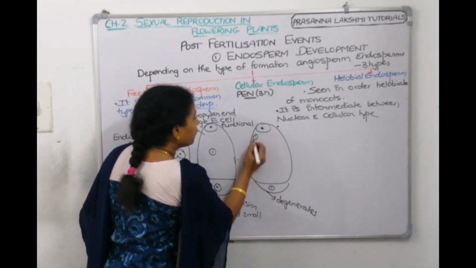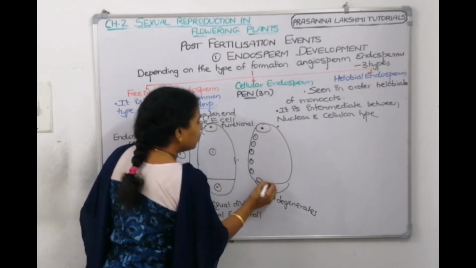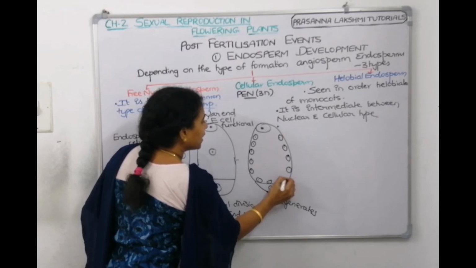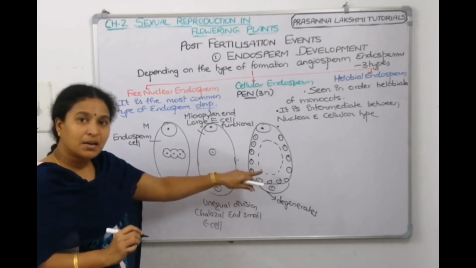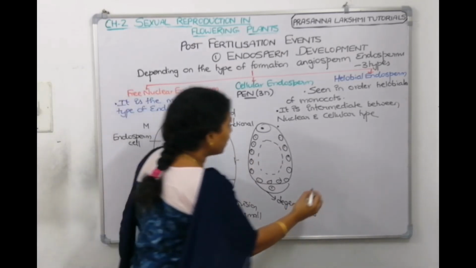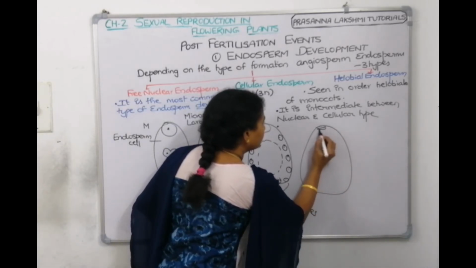Then if it is showing free nuclear divisions, then these are the nuclei. You remember when will the nuclei push towards the periphery? When the central space is occupied by a large central vacuole, then they will be pushed aside. Afterwards, what happens? This grows into embryo.